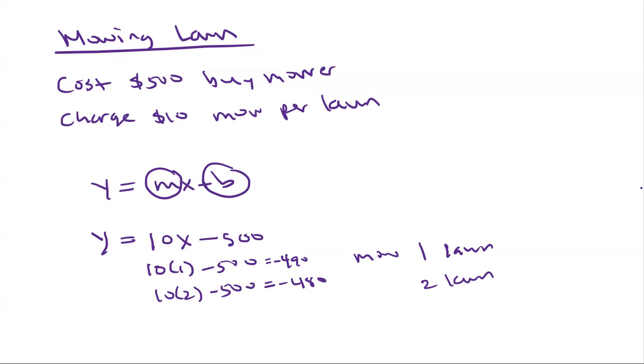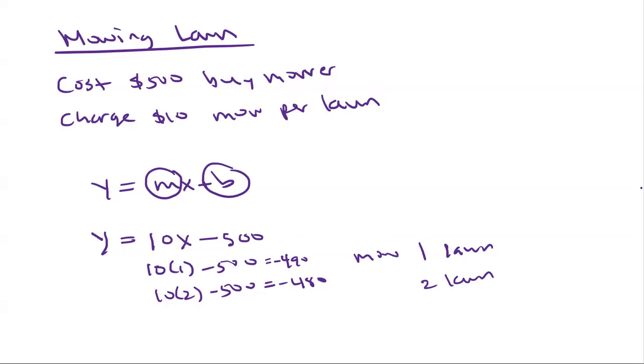Or what I can do, again, is keep doing this until I can figure out how many lawns I need to mow in order to make up the money that I had paid for buying the lawnmower.